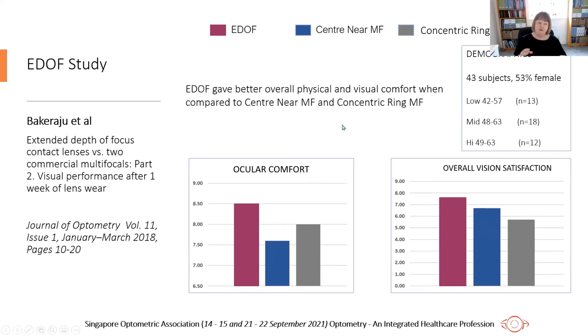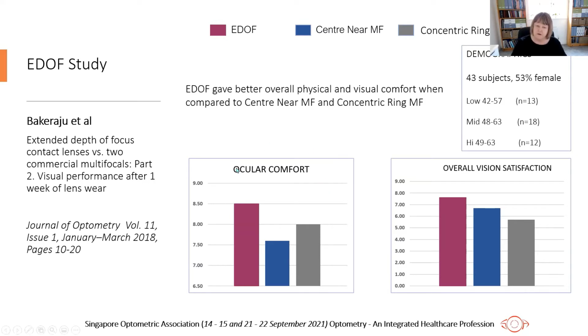Now, what these papers do is look at the patient experience of these types of lenses. And what they found was, from the overall vision satisfaction and the ocular comfort satisfaction, the BHVI EDOF lens gave significantly better performance.